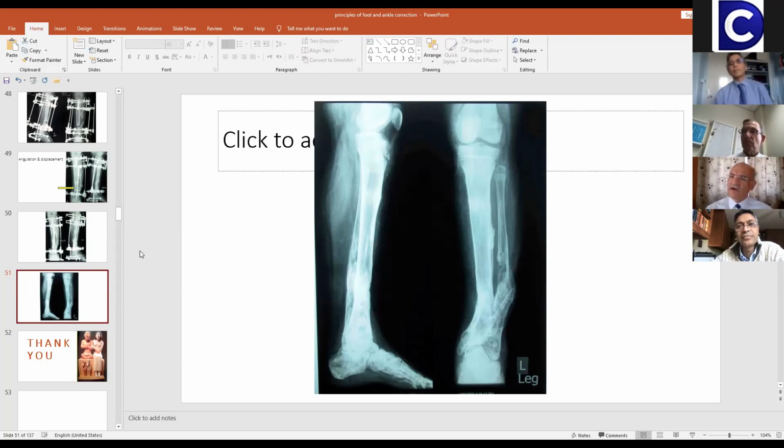But if you are that confident, why use an external fixator? I know that many foot and ankle surgeons don't use an external fixator because they are very confident.